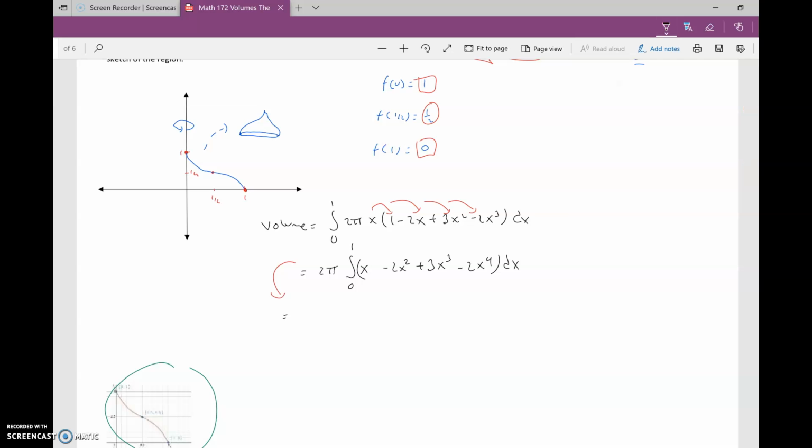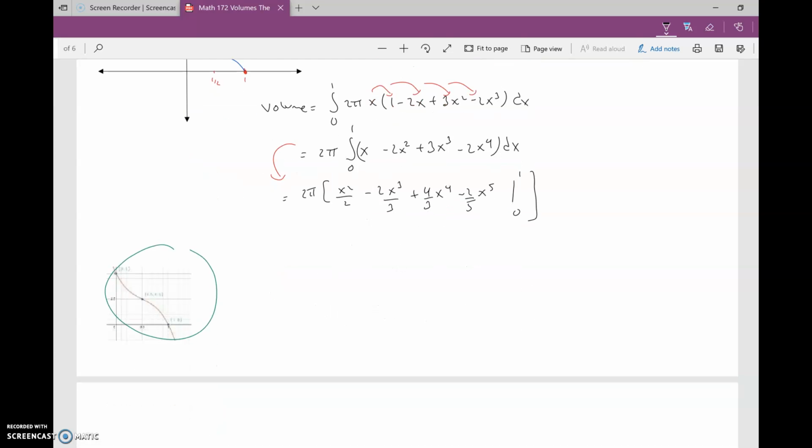So we're looking at the values of 2 pi times our first term. It's going to be x squared divided by 2 minus 2x to the third divided by 3 plus 4/3 x to the fourth minus 2/5 x to the fifth, evaluated from 0 to technically 1.